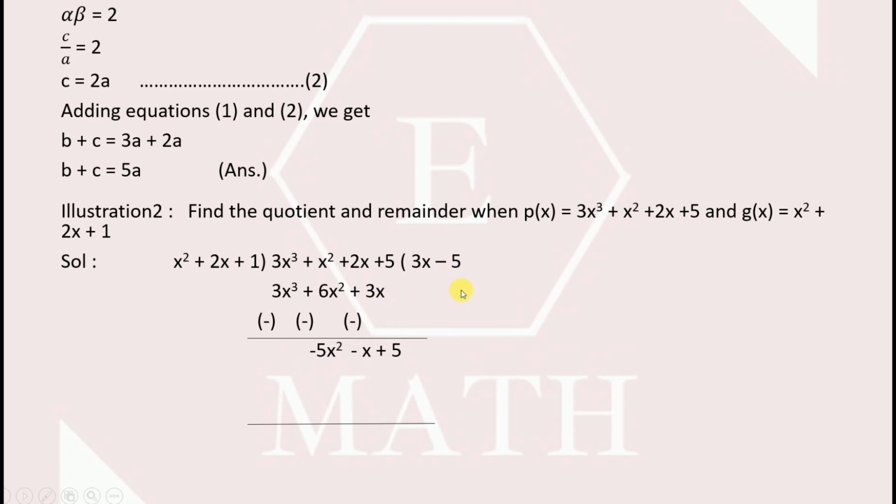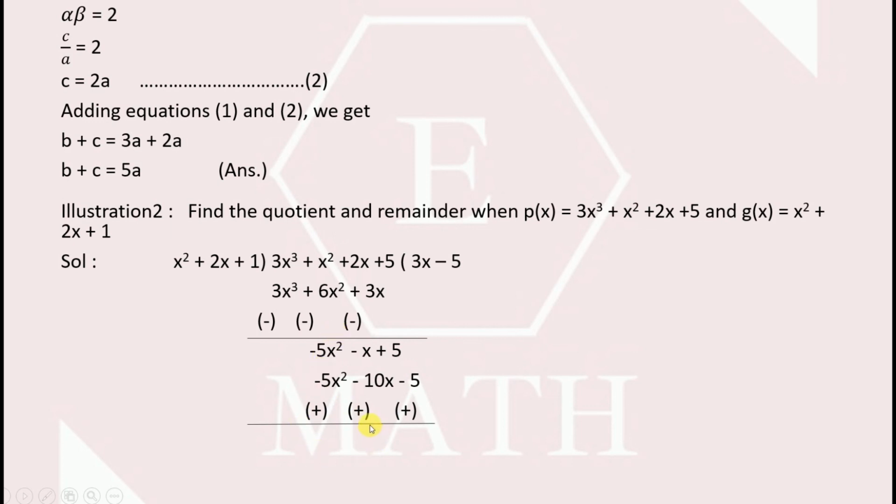So write minus 5 here and multiply all the terms of the divisor and write here. Minus 5 into x square will be equal to minus 5x square. Then plus 2x into minus 5 will be minus 10x, and plus 1 into minus 5 will be minus 5.